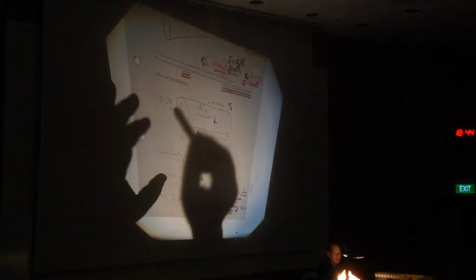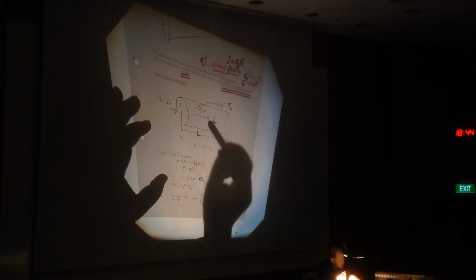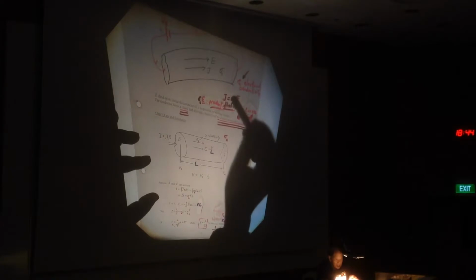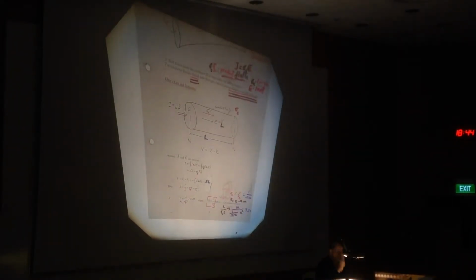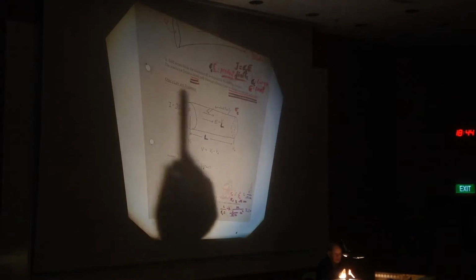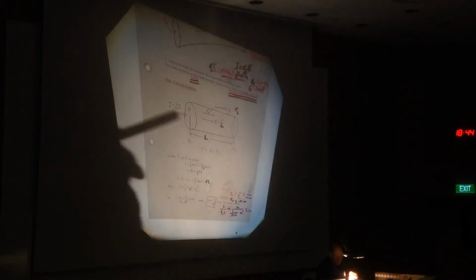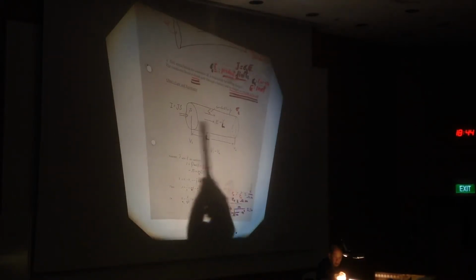Again, you can see the current will flow in this direction. The electric field will be in the same direction because sigma C is a scalar. The direction of E dictates the direction of J and vice versa. So in this case, the electric field is going to the right, from the positive charges.